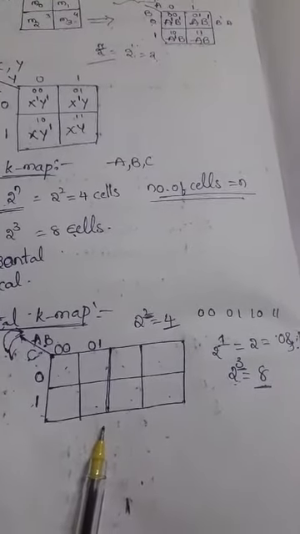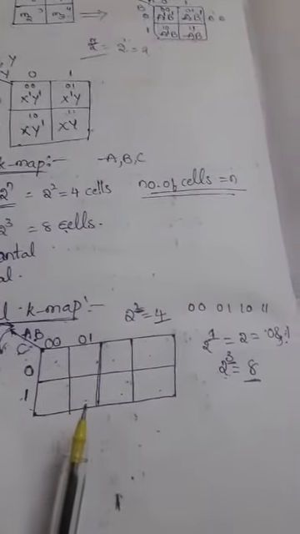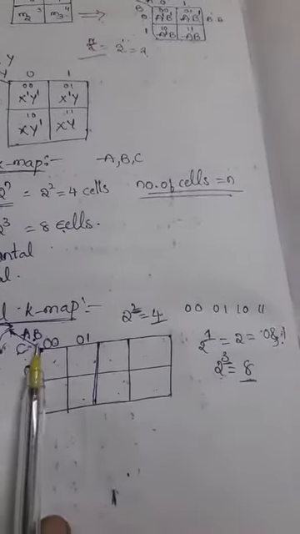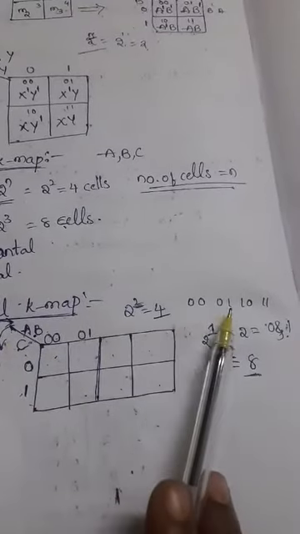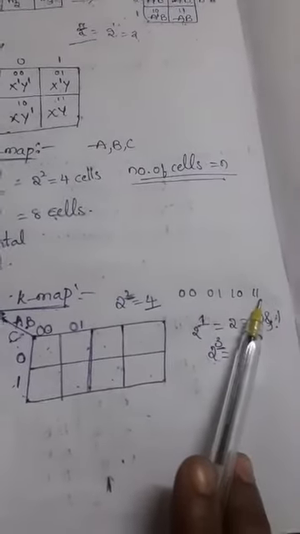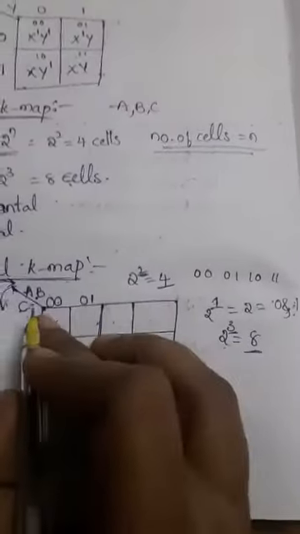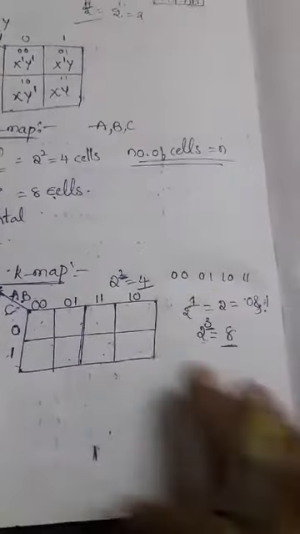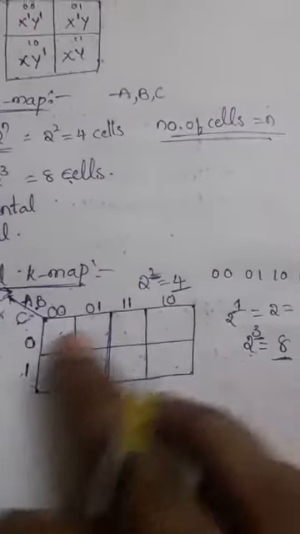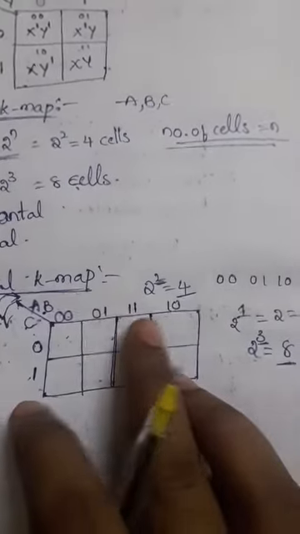Remember this point. In this way you have two variables on the top side, so we get totally 4 combinations: 0 0, 0 1, 1 0, 1 1. Here I am writing those combinations: 0 0, 0 1, then here 1 1 and 1 0. So 0 0, 0 1, 1 1, 1 0.